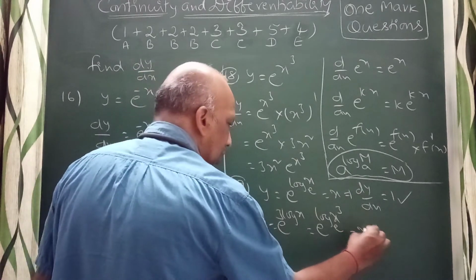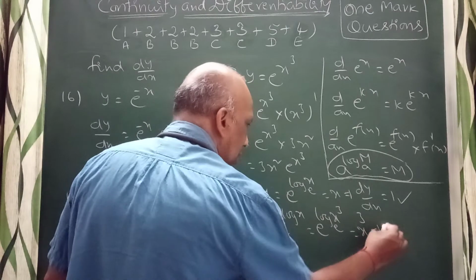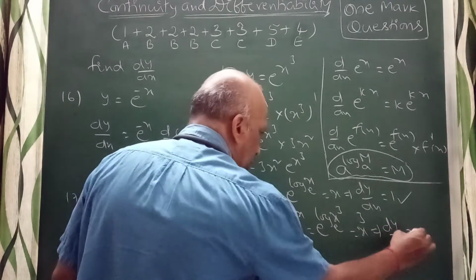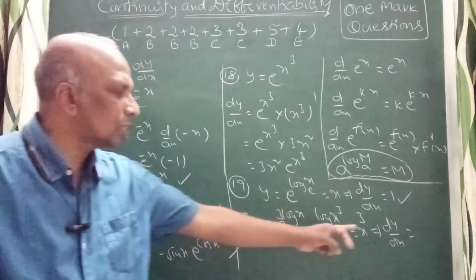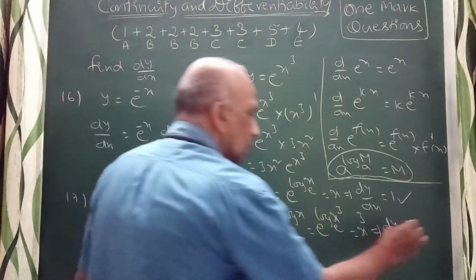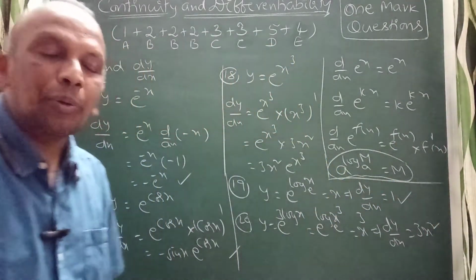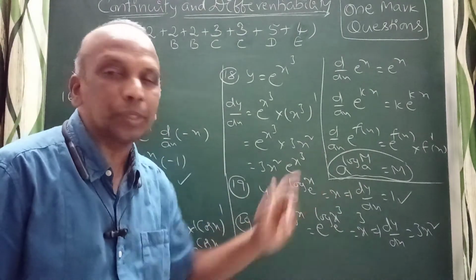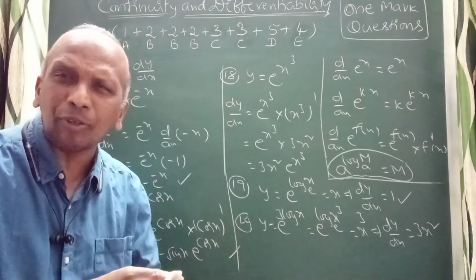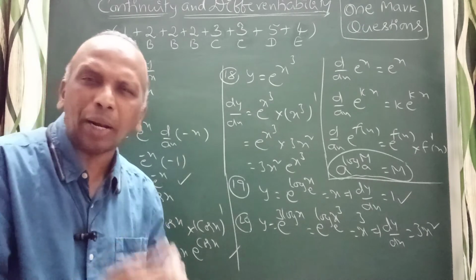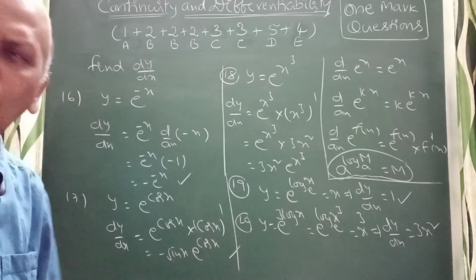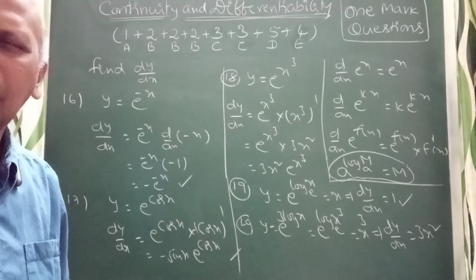It will be equal to x cube. Then y is equal to x cube, and the derivative dy by dx of x cube is 3x square. That will be your answer, right? Just go through this. I'm explaining with basics, try to understand. Practice all these problems. You will be thorough with this topic.